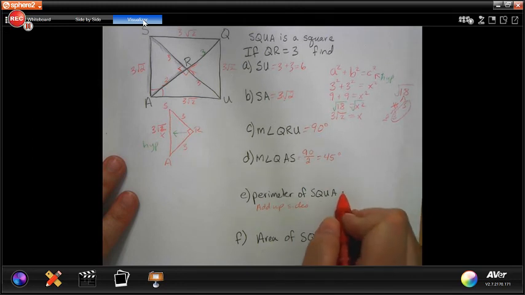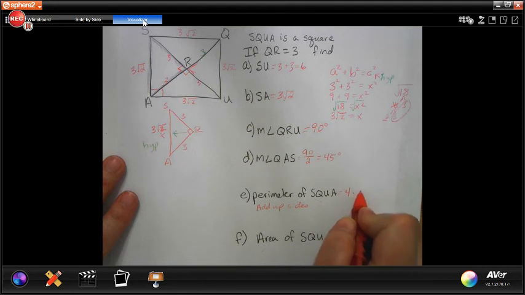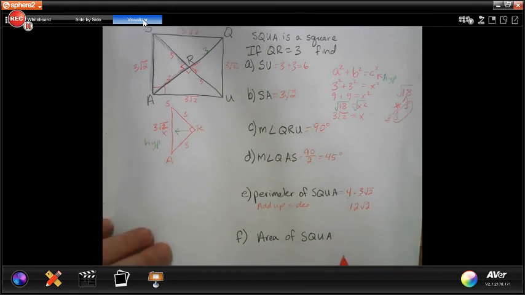So we have 4 times 3 radical 2. And since 4 is a whole number and 3 is a whole number, those are the only things you can multiply. So we get 12 radical 2. Okay, so 12 radical 2 is our perimeter. We don't multiply the radical 2 by 4.